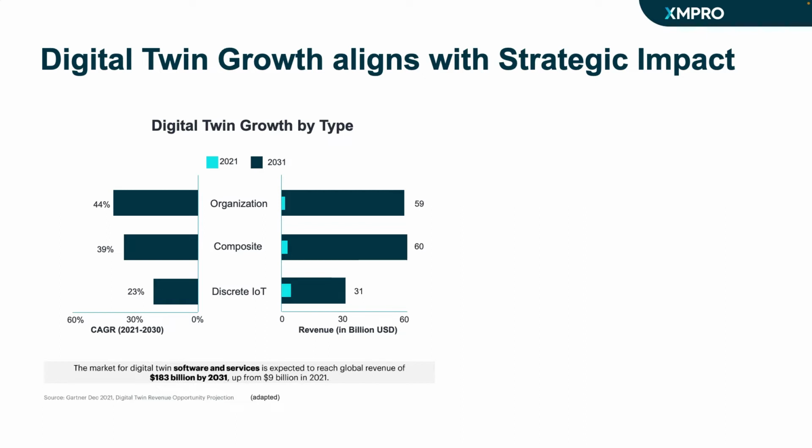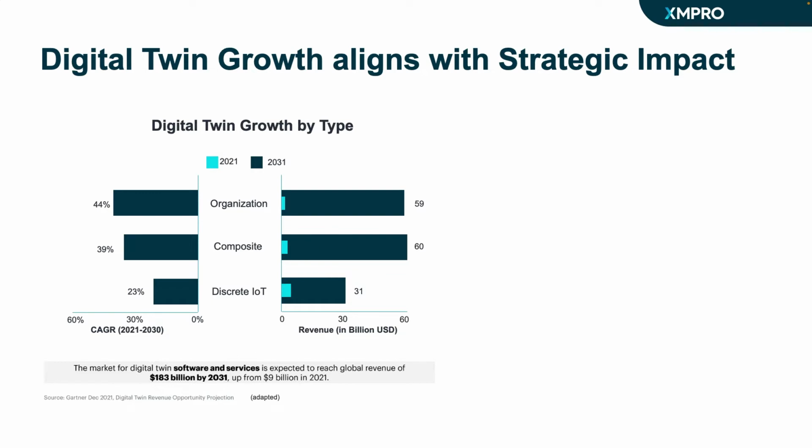It's interesting. I recently saw this on a Gartner report, and it's interesting to see how they anticipate digital twins grow. So what you see, the light blue is 2021. This is where we are right now. Discrete or single type IoT based digital twins seem to be predominant. And then the digital twin of an organization is more that business process level, the business level view, and the composite is the ones that we start putting together.